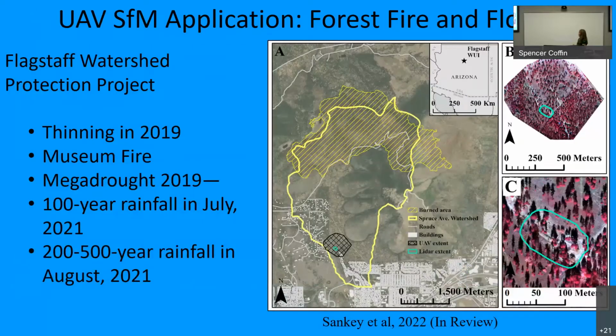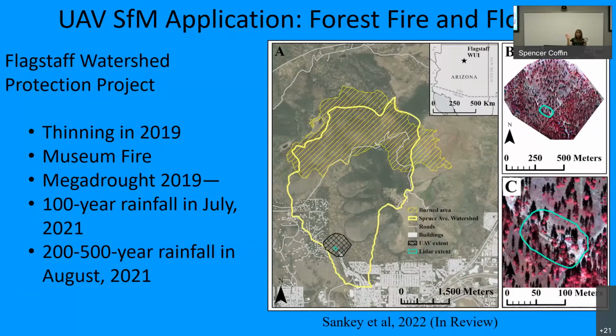Then in my final example, I just wanted to share some results from a recent project that my lab group has been working on, where we are monitoring the St. fire impacts right outside of Flagstaff.